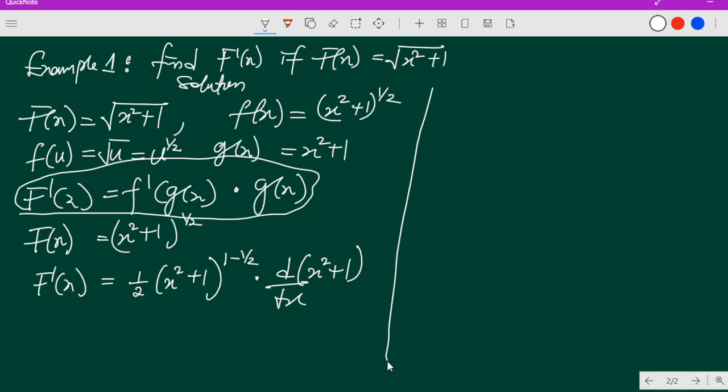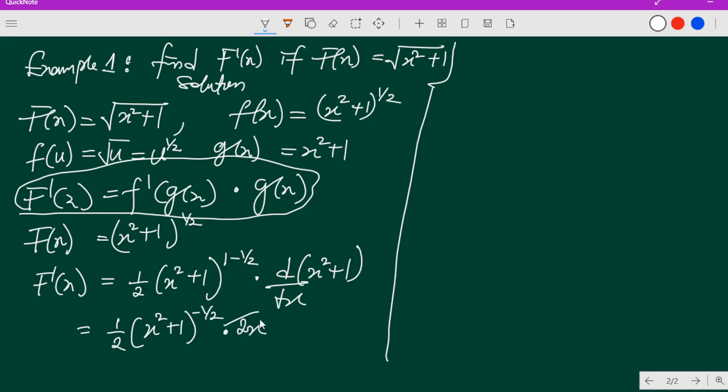You first differentiate the outer function, leaving g of x, but later you multiply by the derivative of g of x, which is what we call function inside function. So it will be half times x squared plus 1 raised to power minus half, times 2x.